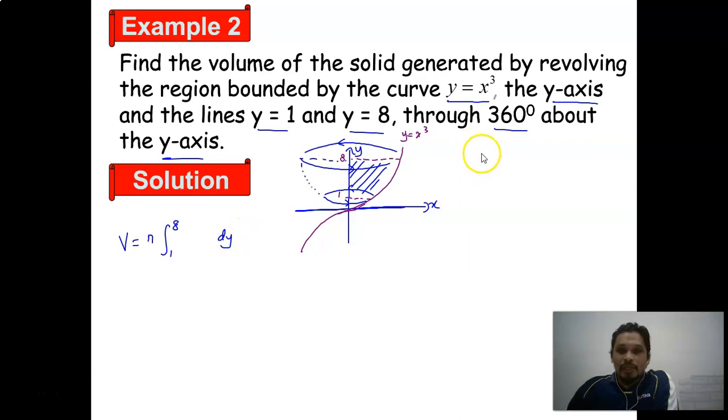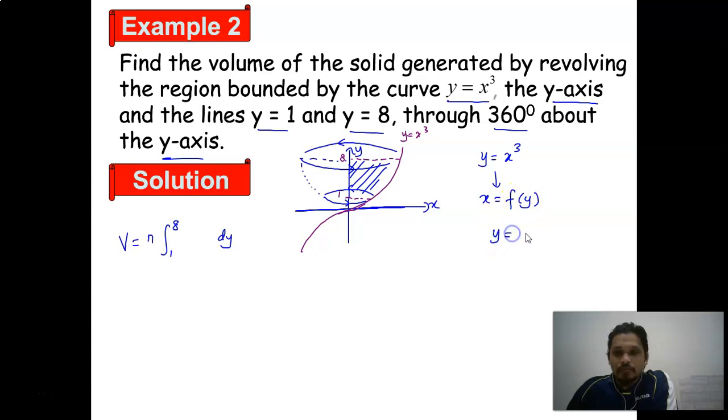What we have right now is y equals x cubed. And we're going to change the function into the form x equals f of y. How is it possible to change y equals f of x, or x cubed, into x equals a function of y?